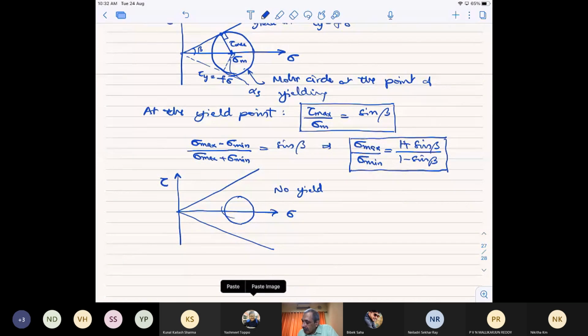I should mention that it's not possible for the circle to go beyond the yield line. As soon as the circle becomes tangent, the material will yield and the stresses will relax, so you can never cross this line. You'll always be within the envelope.